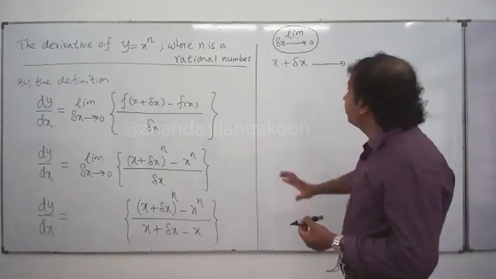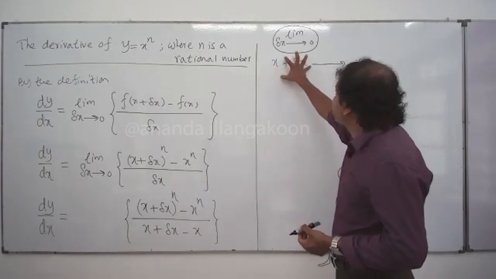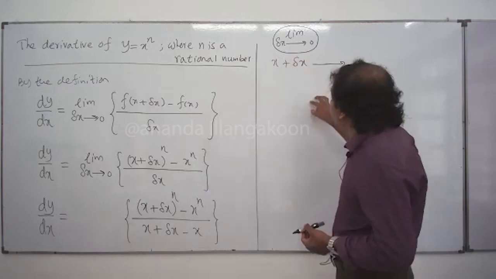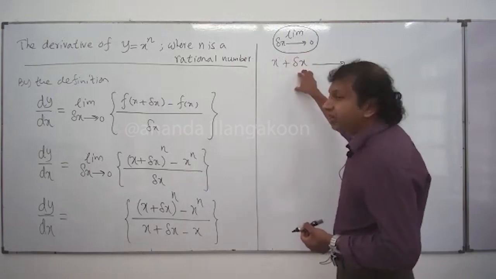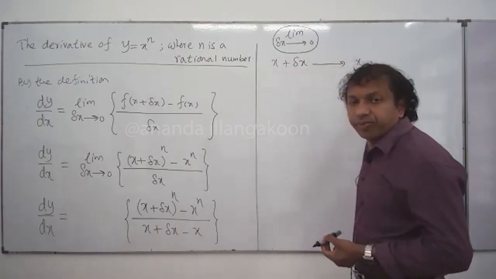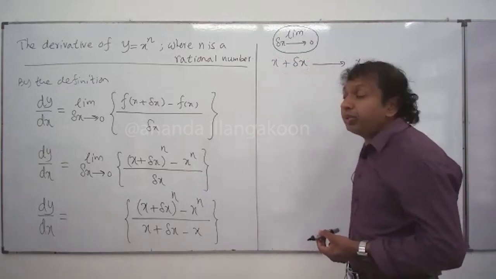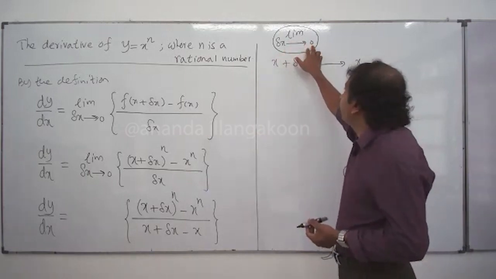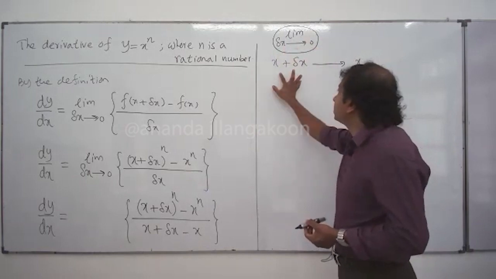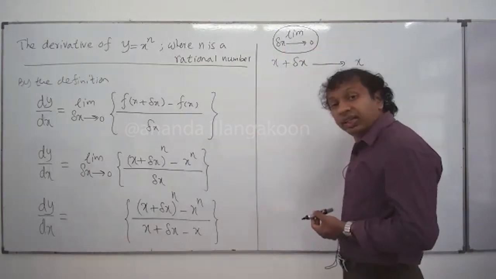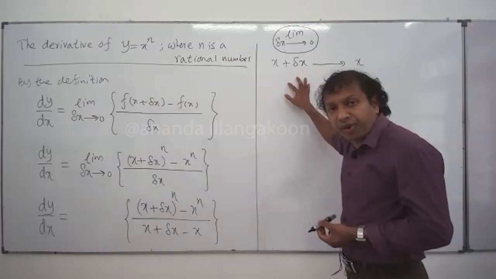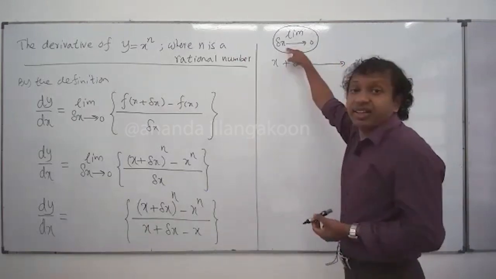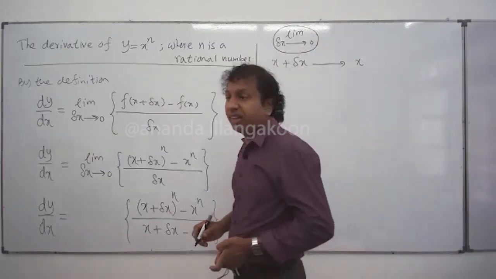We have x plus delta x, the sum. This delta x part is going to 0, then x plus this part will go to x. Is it clear? So when delta x goes to 0, the sum goes to x. Conversely, when the sum x plus delta x goes to x, it says delta x goes to 0. You can understand it clearly like this.